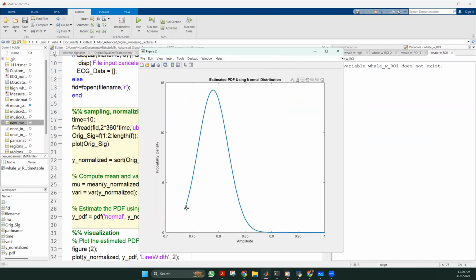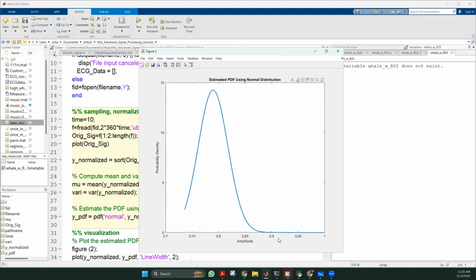Some data related to these outcomes are not there, so the plotting has not happened in that region. The outcomes for that amplitude have not been there. The amplitude of the ECG signal has gone from 0.7 up to about 0.95.